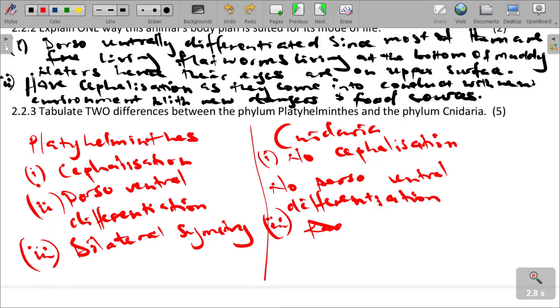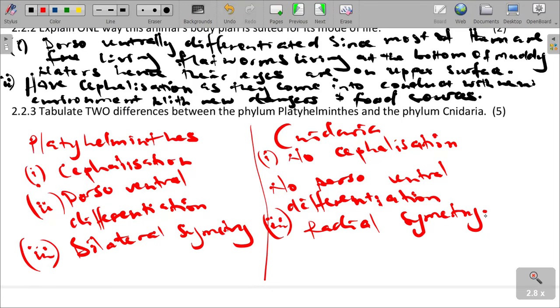Radial symmetry occurs. I think this can be a major difference that we can give.